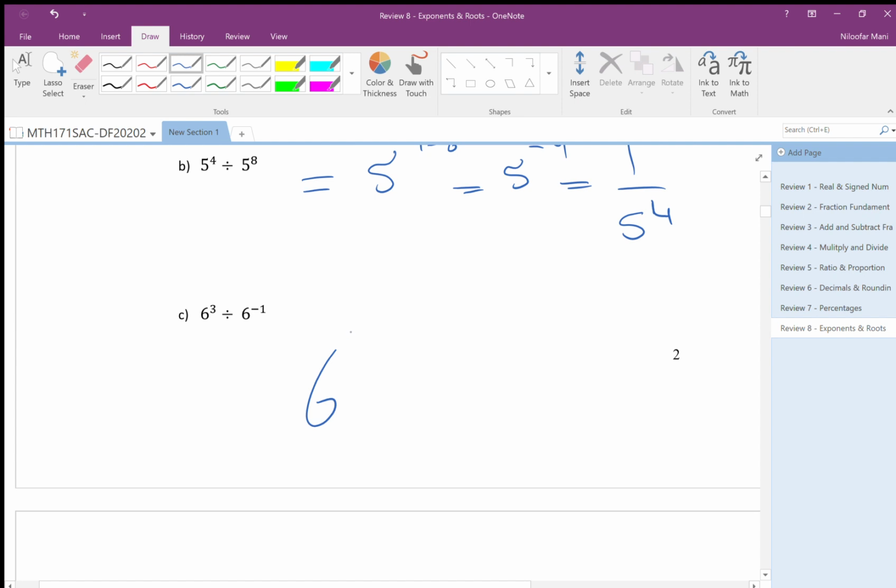Okay, 6, 3 minus 1. Okay? Make sure you are following the rule. So here it's minus minus. So minus minus is positive. Okay, so 6 power 3 plus 1, which is 6 power 4. And done.